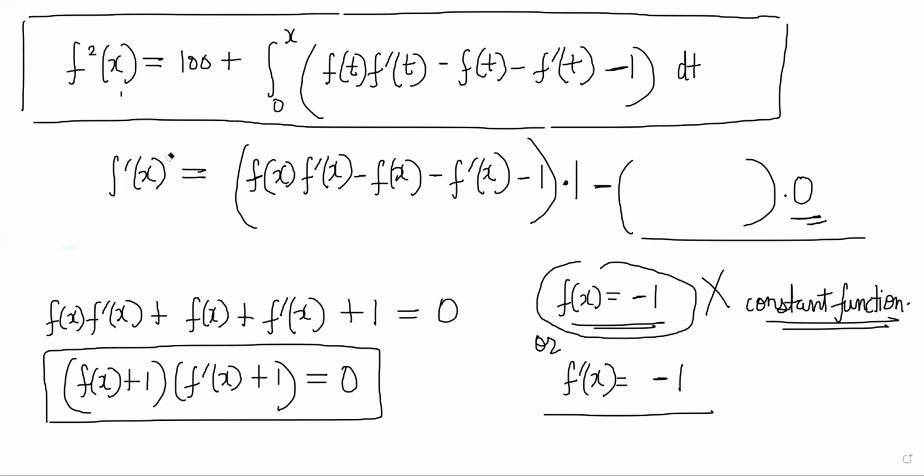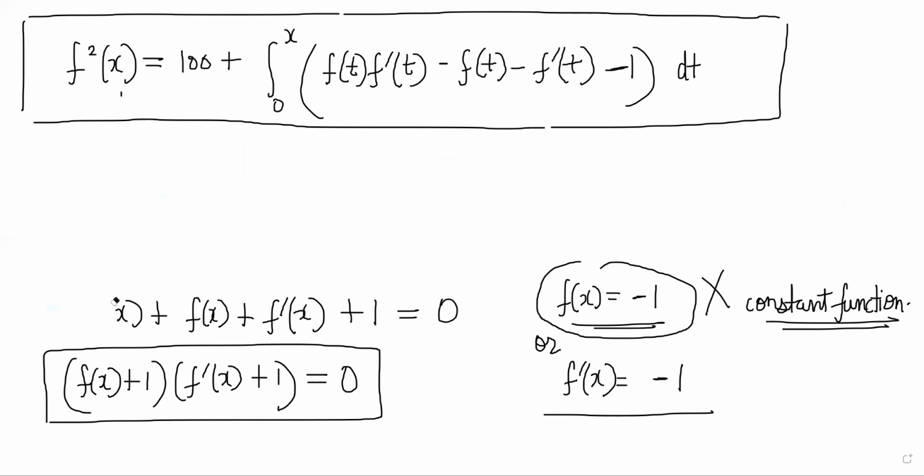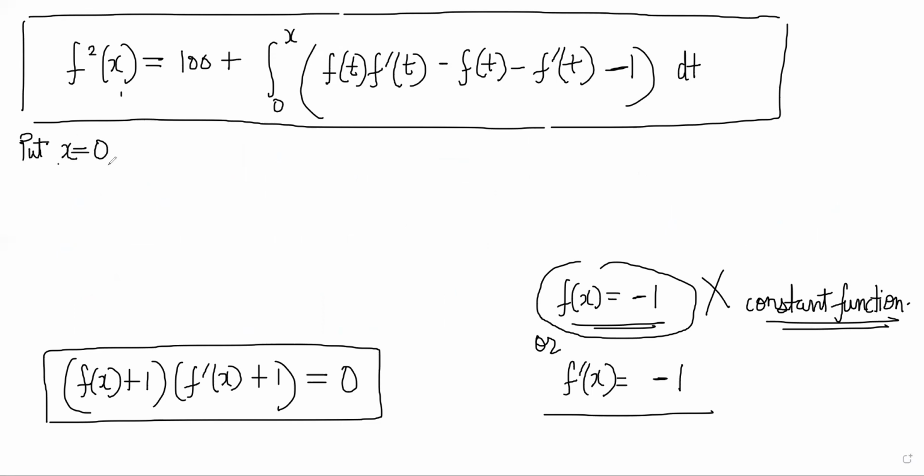What is the easiest value of f of x that can be figured out from the original equation? You can put x as something, you will get an easy answer. If you put x as 0, what happens?